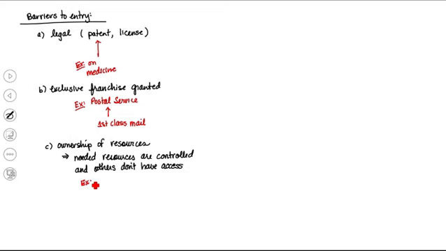So one example I found was Alcoa. I think it stands for Aluminum Companies of America, but Alcoa controls a lot of the bauxite. So you need bauxite to produce aluminum.